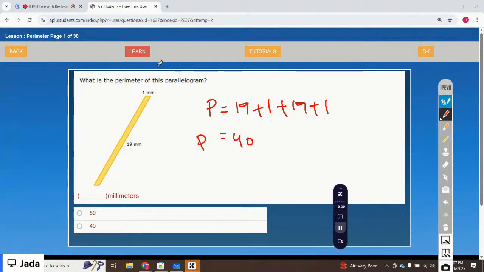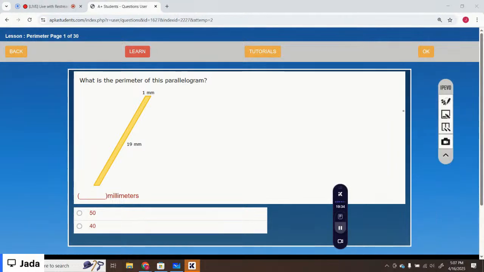Option number 2 is the correct option. The correct option is 40.